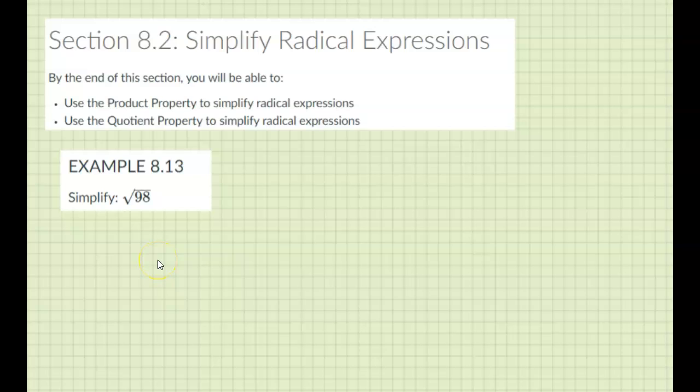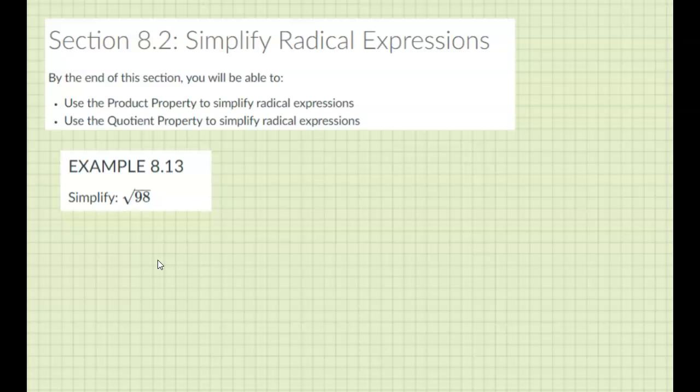Welcome to section 8.2. In this section we're going to continue working with radical expressions, but we're going to start encountering radicals of things that are not perfect squares or perfect cubes, and we want to simplify them to the simplest expression. Basically we need to break up our number or our variables into a product.